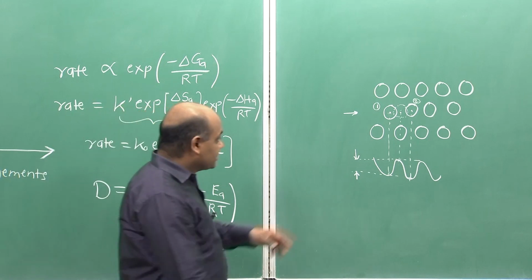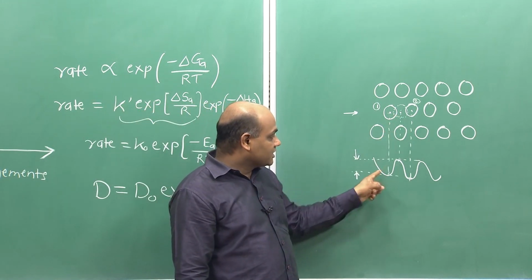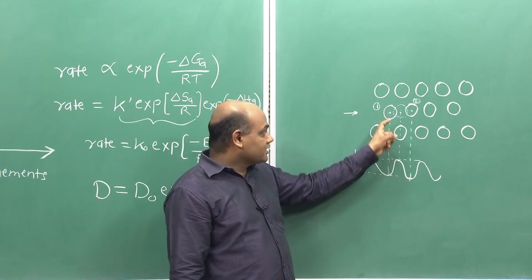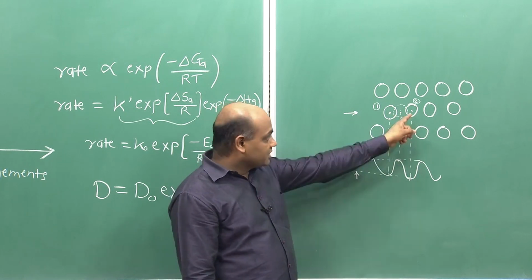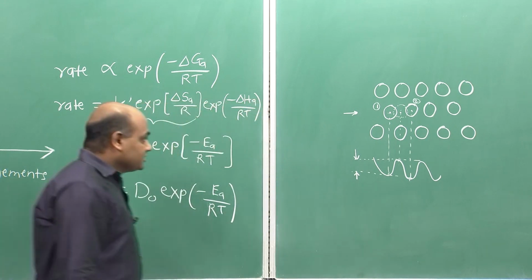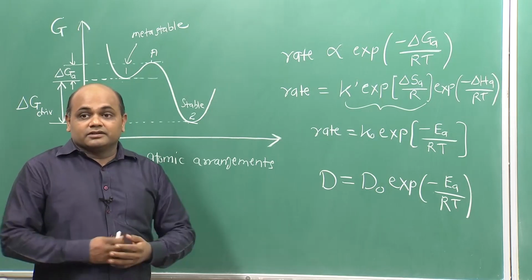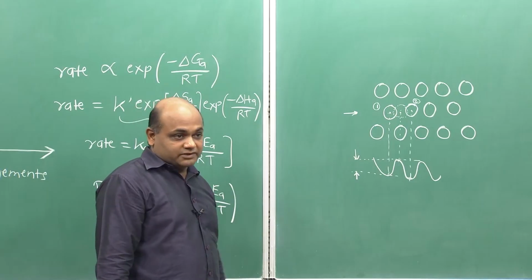So, certain vibration may have energy greater than the energy required to cross this barrier, and that can be a potential successful jump, provided the next site is vacant, and that is this energy barrier here, and this is how the thermal vibrations help the process of diffusion. So, diffusion is also a thermally activated process.